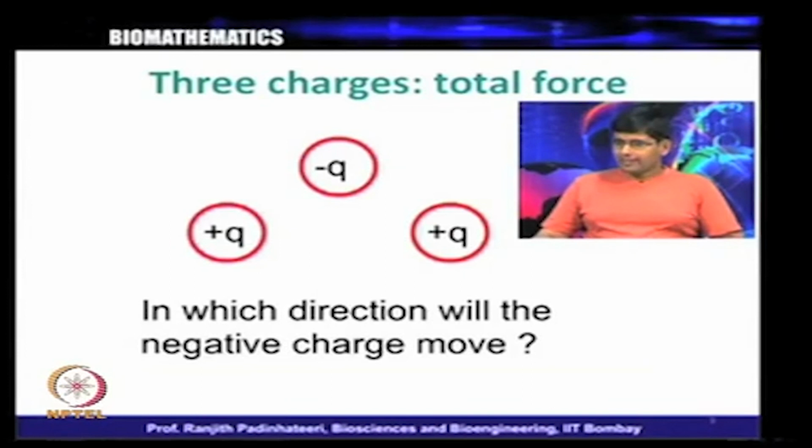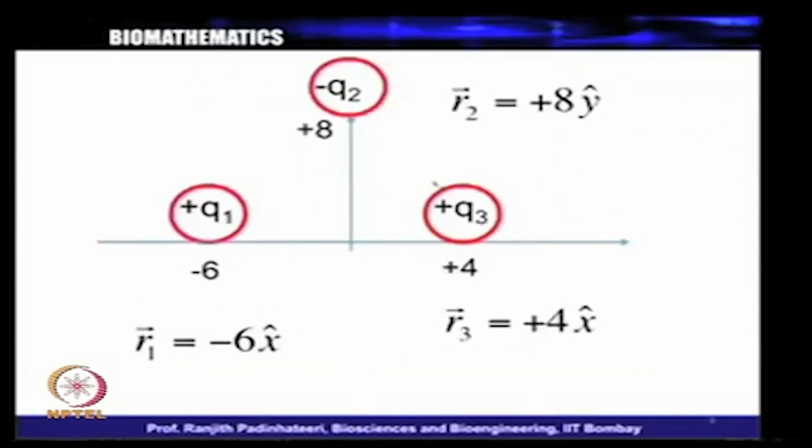While answering this, to begin with, we calculated the position of each of these charges. Say this is in an xy plane, and this charge is sitting at plus 4 on the x axis, q1 is sitting at minus 6 on the x axis, and q2 is sitting at plus 8 on the y axis.